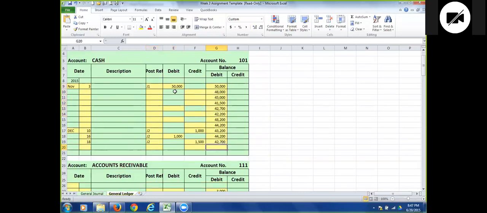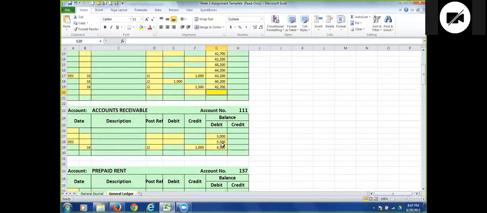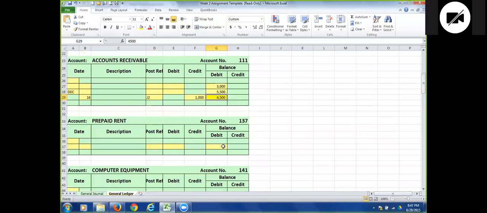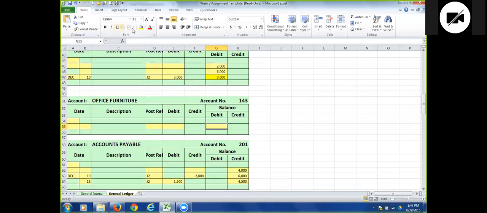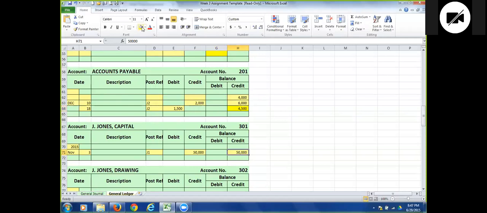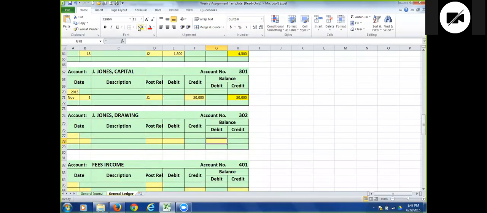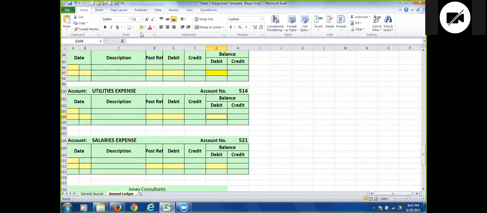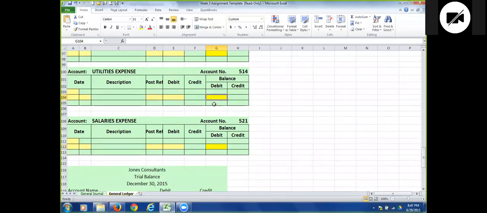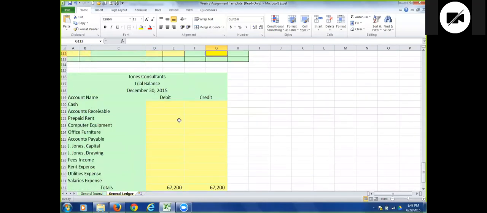Like you're going to have a balance here for cash, here for AR, here for prepaid rents, computer equipment, office furniture, accounts payable, J. Jones Capital, drawing, fees income, rent expense, utilities, and salaries. And you're just copying these exact numbers down here.